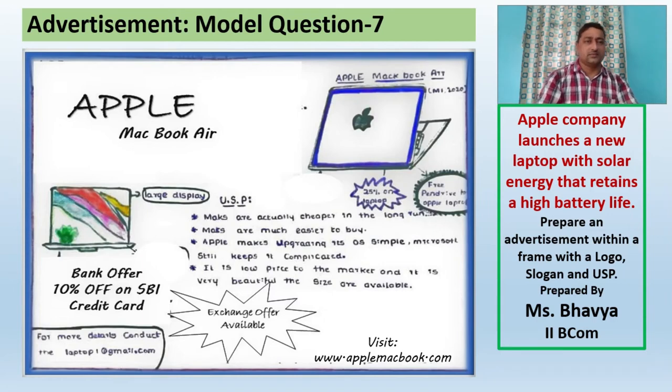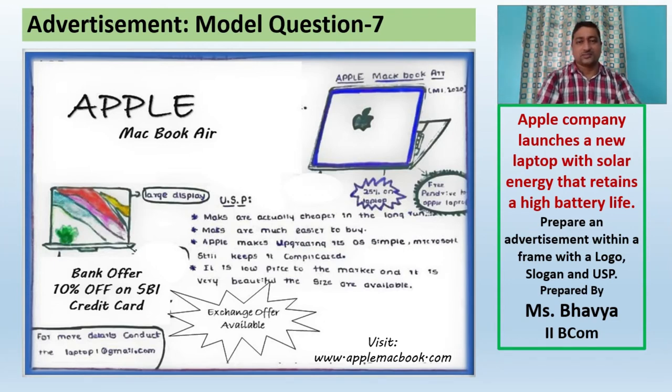And a product, you can see MacBook Air. And the relevant image is a laptop image. Certainly for a laptop advertisement, the relevant image is a laptop image. So within that laptop image you have the Apple image, right? That's the popular logo of Apple company. The same one is used.